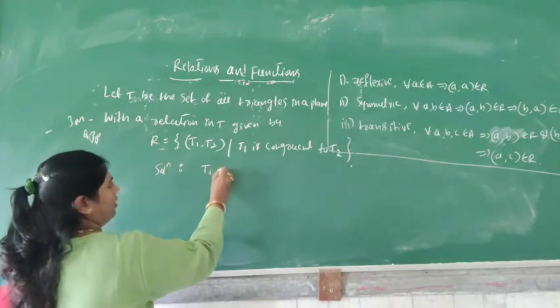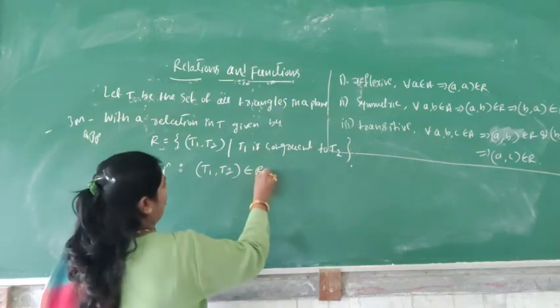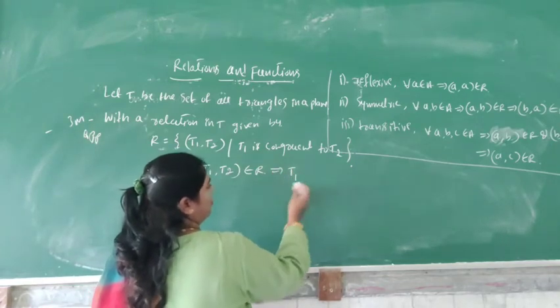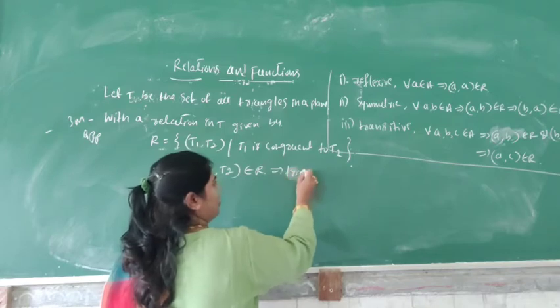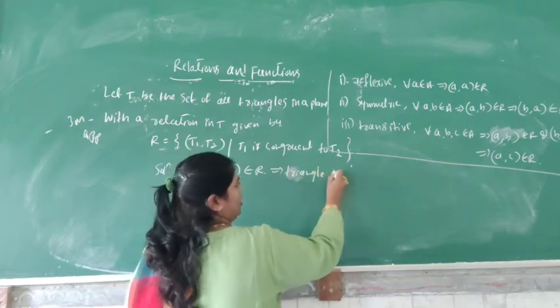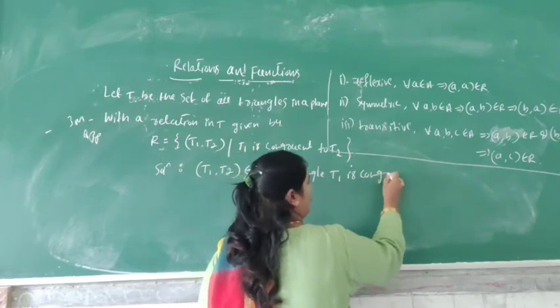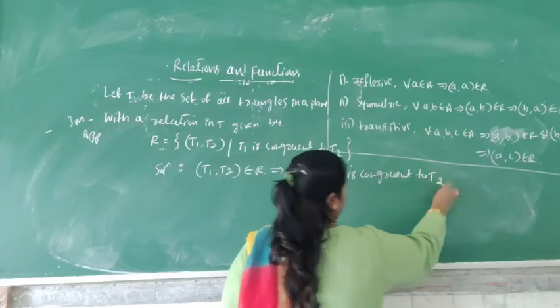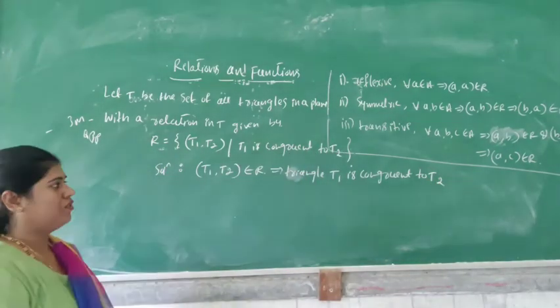So (T1, T2) belongs to R implies the triangle T1 is congruent to T2.